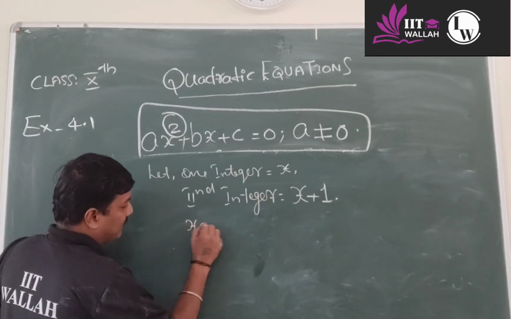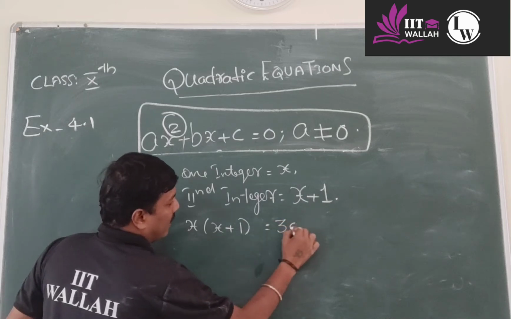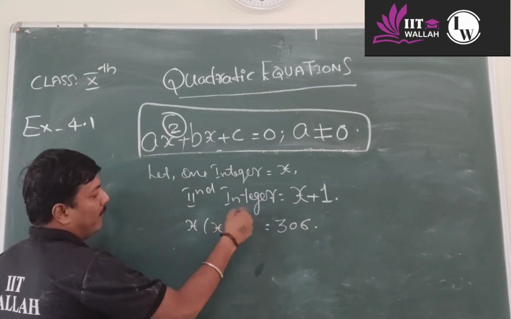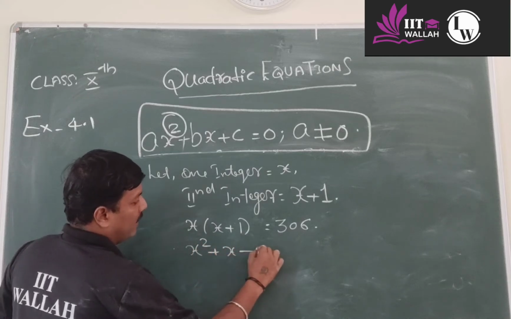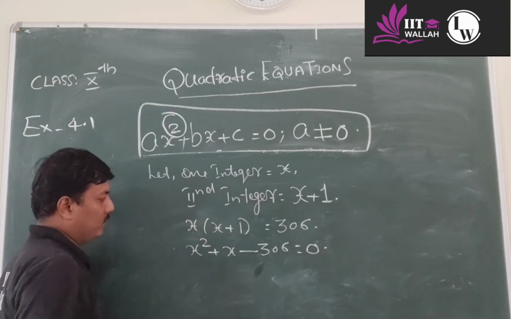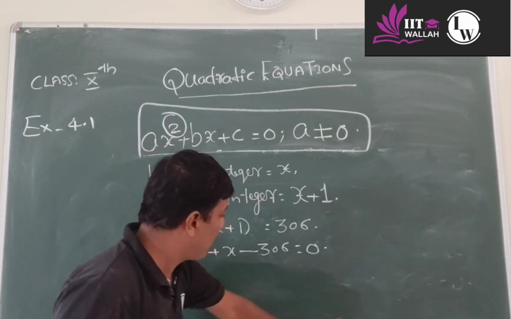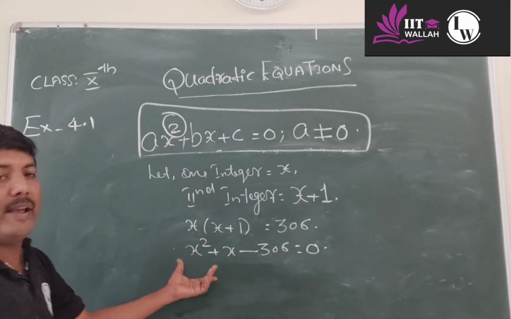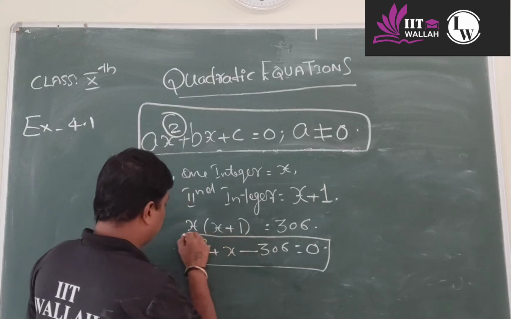So that means x into x plus 1 is nothing but 306. You open the bracket, x square plus x minus 306 is equal to 0. Okay, this is how we can make the quadratic equation. This is the required quadratic equation.